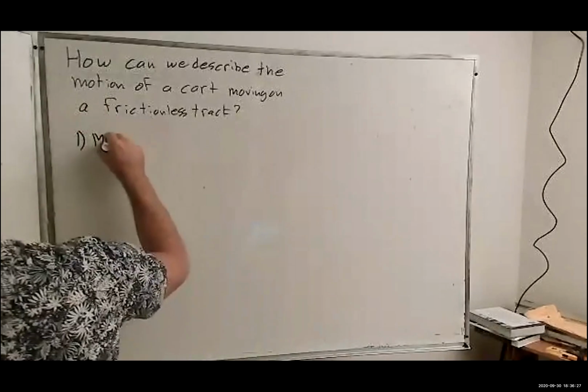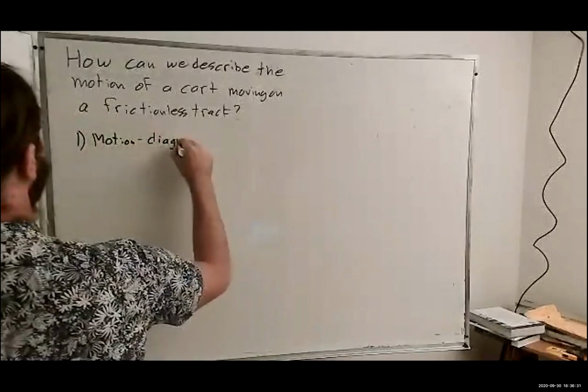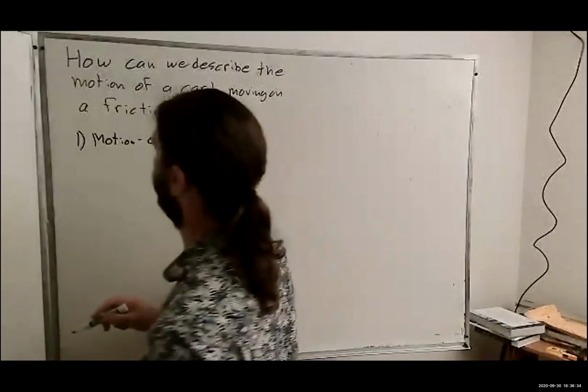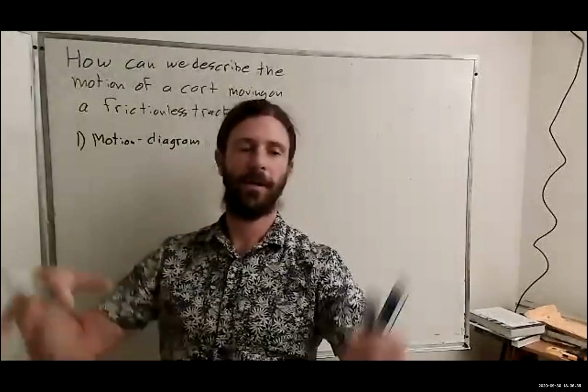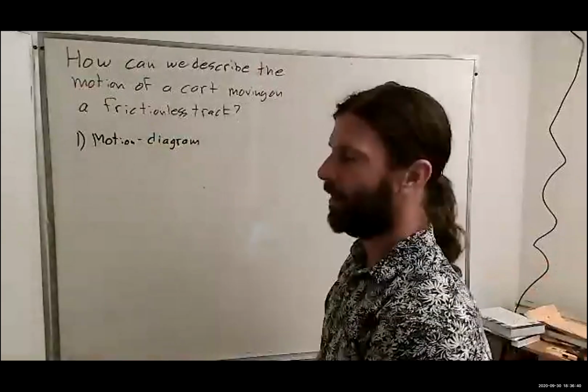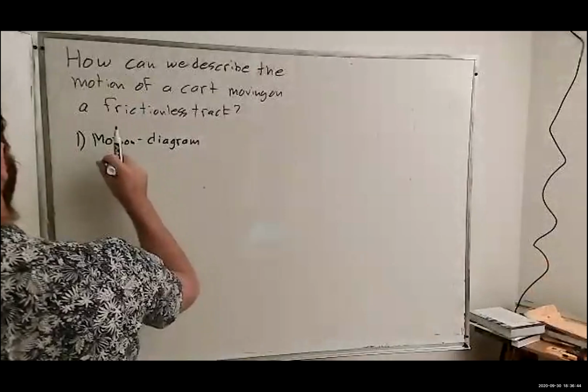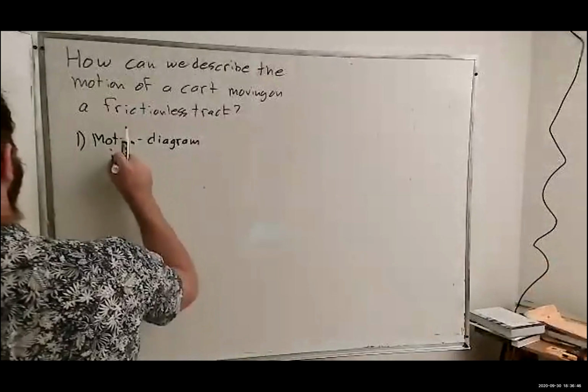This is the simplest. Now, I think if you look in the book it'll give some formal definition of what a motion diagram is. I'm just going to say, this is my definition. It's the frames of a movie.